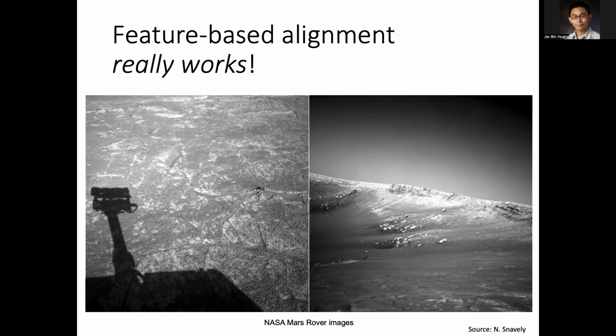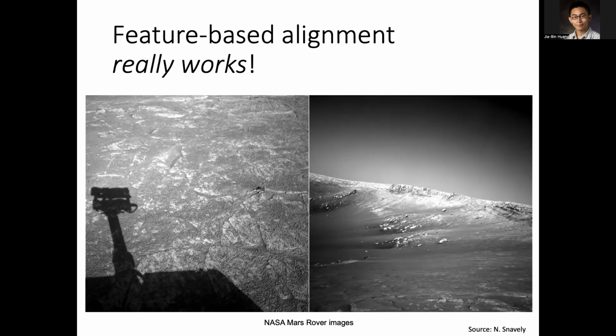Here, this is using SIFT to align the two images. Can anyone tell me how these two images are aligned with each other? Any idea where the feature correspondence is? They have some correspondence. Let's see how your vision compares with these feature detections. They look very different, right?